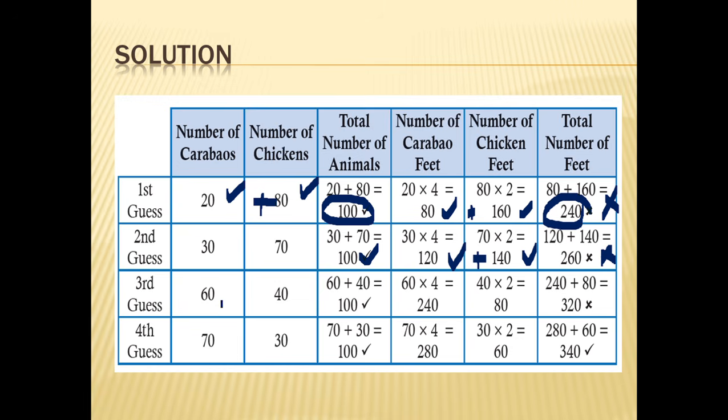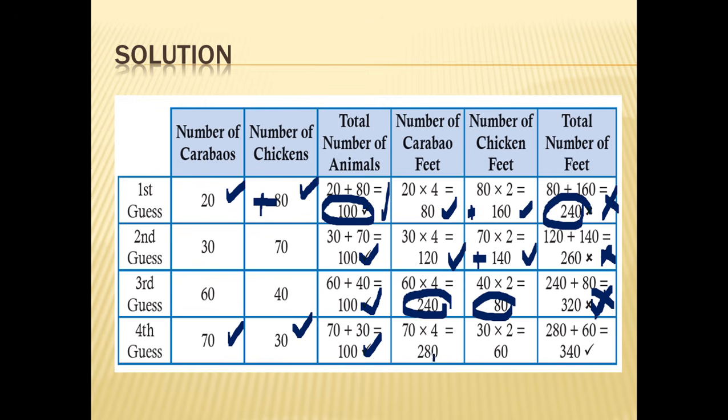O, check natin uli. 60 naman yung kalabaw, 40 naman yung manok. So, tama, 100 pa rin. Pero, pagdating sa kalabaw, we have 240. Sa manok ay 80. Pag 320. So, mali pa rin. Di ba? Kulang pa rin tayo. O, gawin natin 70 yung kalabaw, 30 yung manok. Sa 70 plus 30 is 100. So, tama tayo doon. Di ba? Tama tayo dyan.